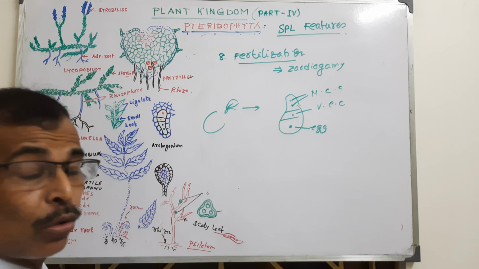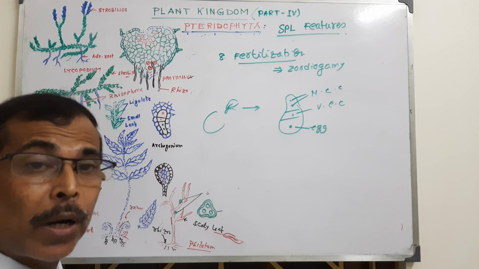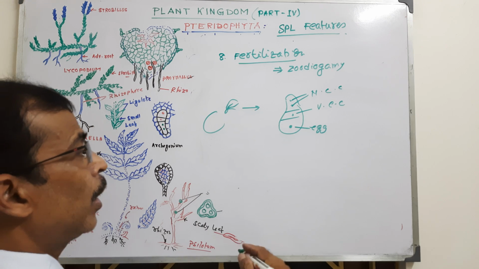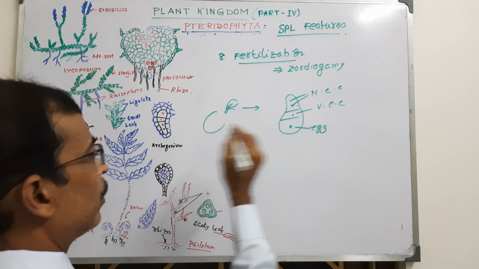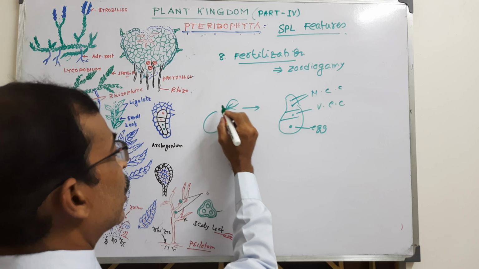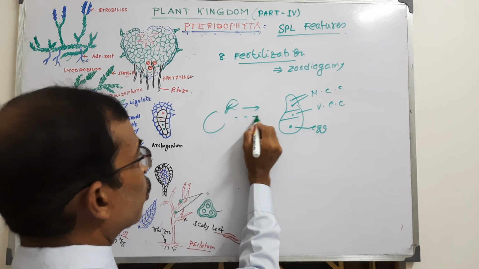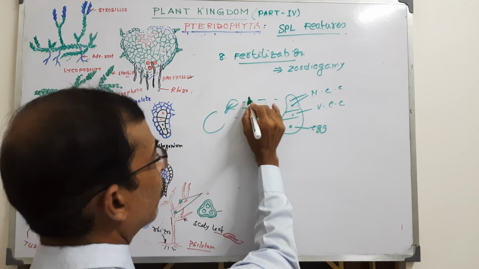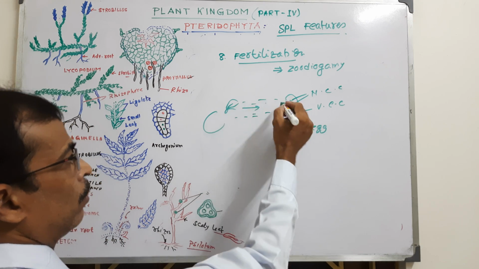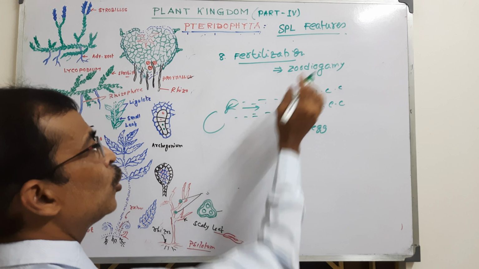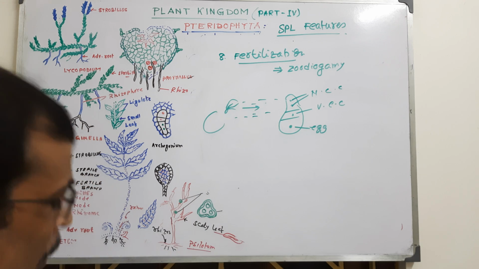Also in gymnosperms no archegonia is found. So absence or reduction of archegonia is the advanced character. Let us come to the point: the sperm or antherozoid reaches the egg through water, and this journey of antherozoid through water is called zoidogamy.